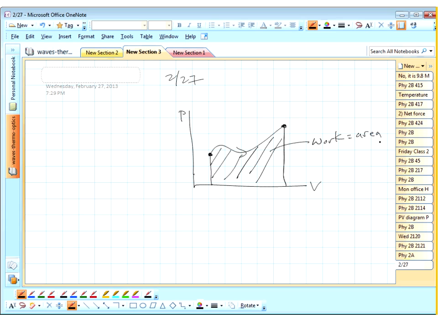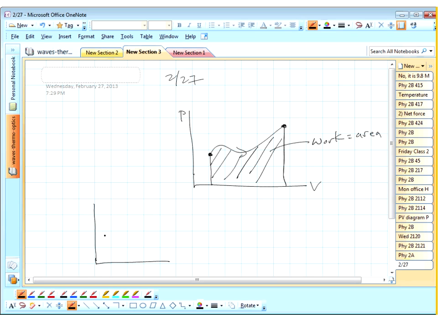We happen to use some that are easy, right? If P is constant, then finding the work under there is very easy. It's just P times the change in volume.